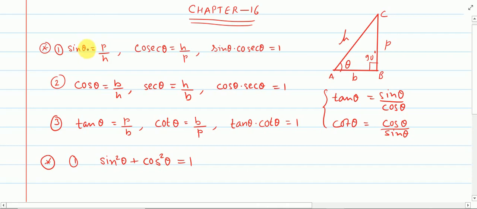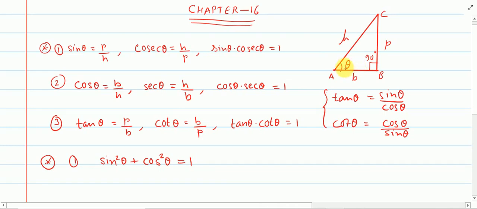So here theta was taken at A, so perpendicular will be BC, and hypotenuse will be AC. You should always remember that in a right angle triangle your hypotenuse remains fixed, but the perpendicular and base change according to the angle that we are discussing.